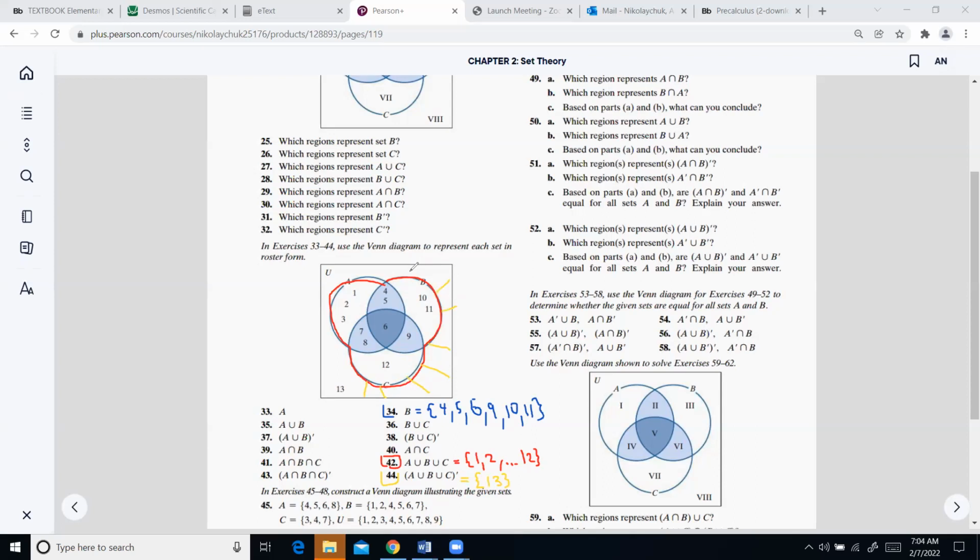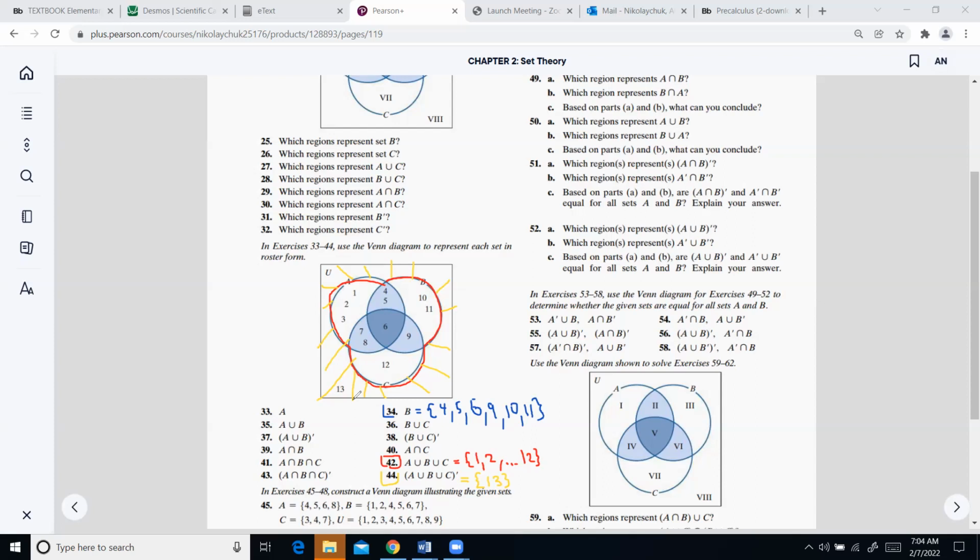For number 44, I highlighted it with yellow, so you can see that this yellow stuff, whatever's on the outside, will have that element 13 as the only one left over. So this is the way to go with these exercises. If a picture is available, then it's great, and you can utilize it right away, as everything is in front of you. So it is definitely very convenient.